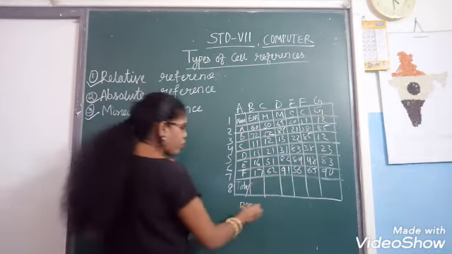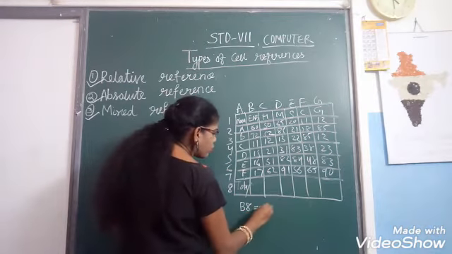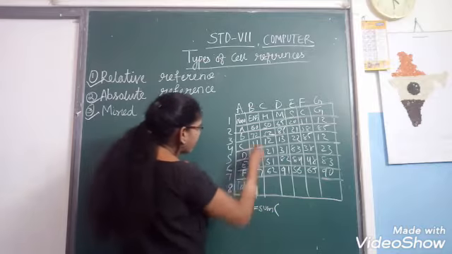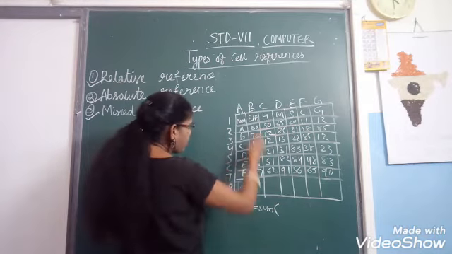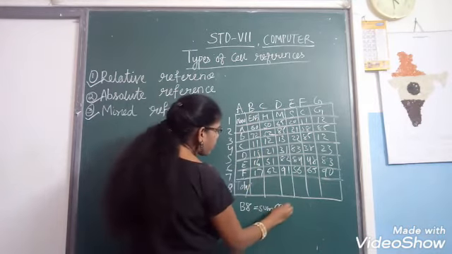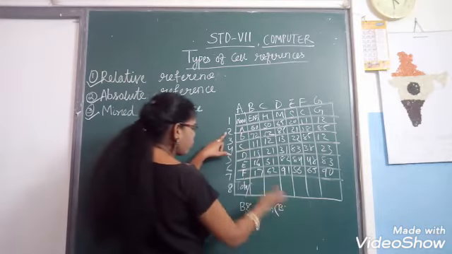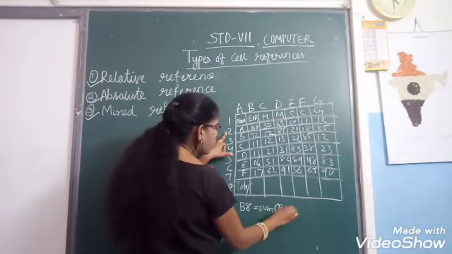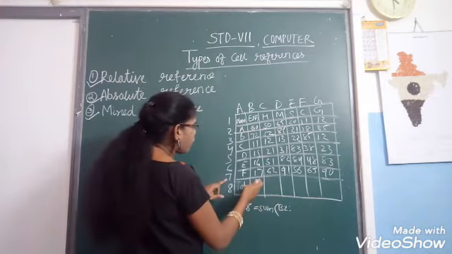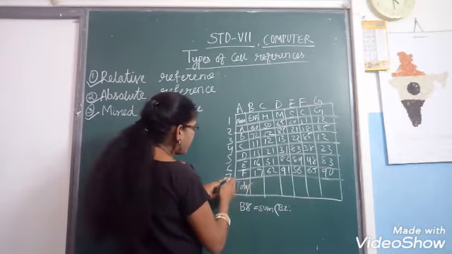So I am putting the formula equal to SUM. I am giving the bracket and writing B, the first is 2. B2 till how much? B7.